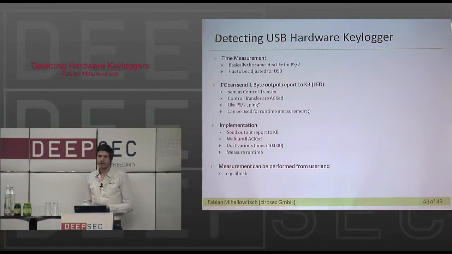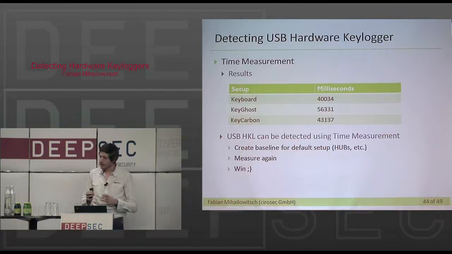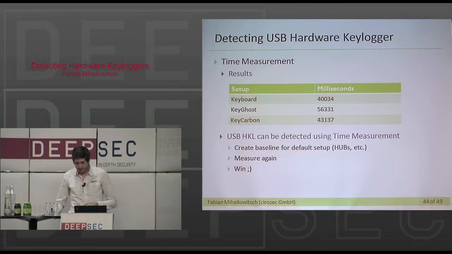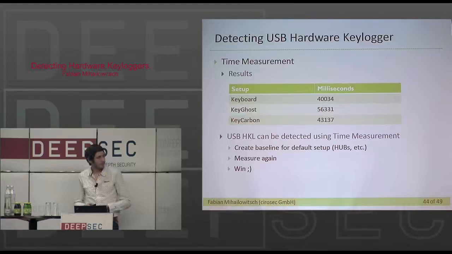The cool thing about that is you don't even have to go to kernel land, because the timing differences are bigger, and you can do it from user land, e.g. using libusb. These are my results for that. You can see the keyboard and the number of milliseconds it takes, and with the keyloggers in place, it takes more time.